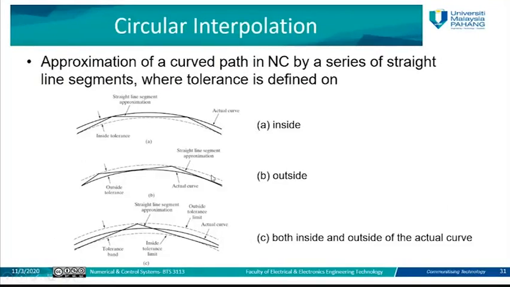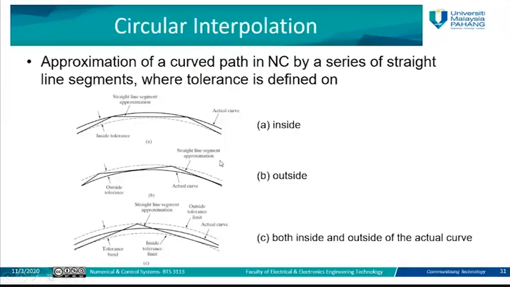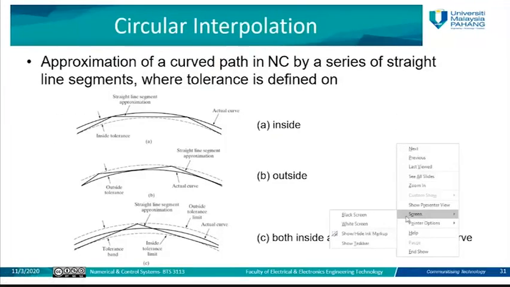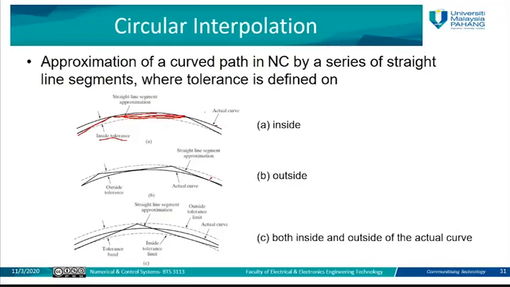For the outside tolerance here, we also draw the line to represent the actual curve from outside, not from inside. So the same here, there is a line, and the tolerance represents the difference between these 2 points. You can see this is the tolerance here. This is the difference between the actual value and the line drawn through the interpolation.